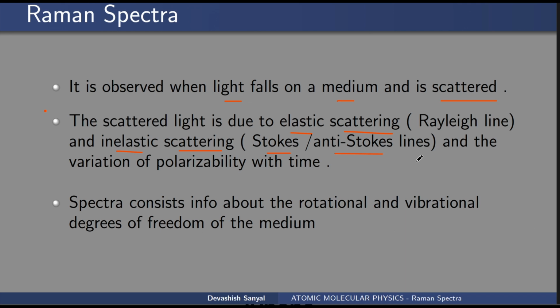Another important thing is that the molecule will have a dipole moment and the polarizability of the molecule will vary with time. So there is a variation of polarizability with time, and so the spectra consist of information about the rotational and the vibrational degrees of freedom of the medium.